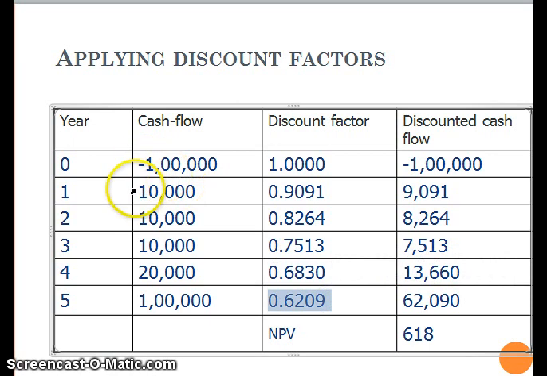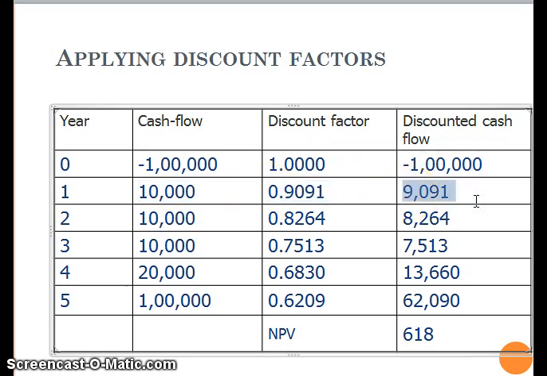So these returns, from the first year up to the fifth year, are future values. For these future values you need to calculate the present value, so you multiply the future value by the discount factor to get the present value.